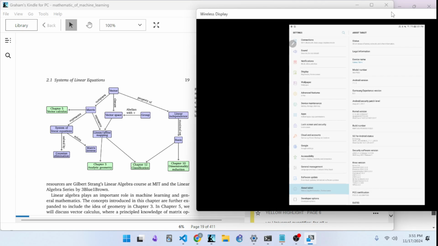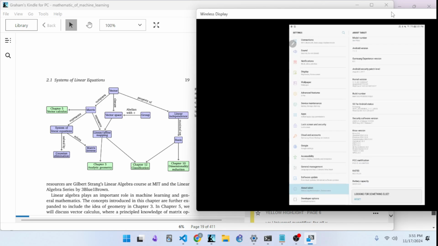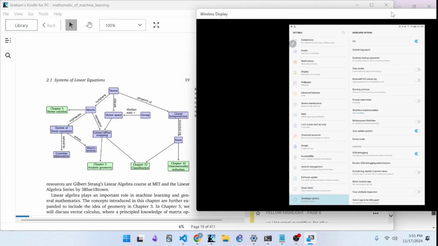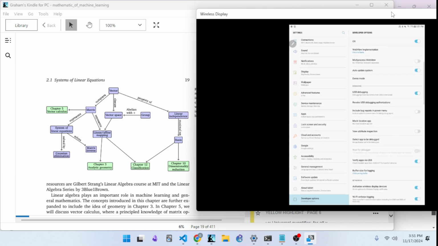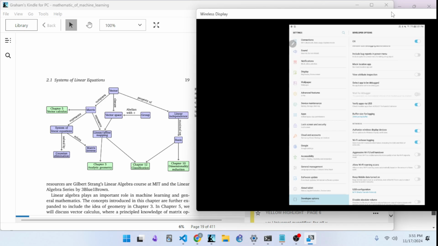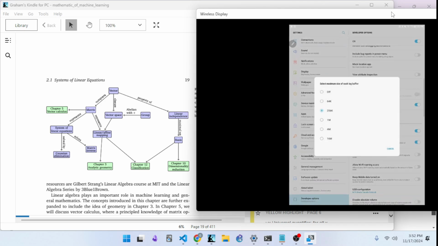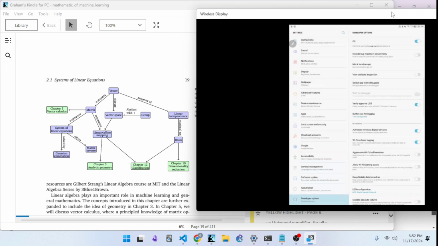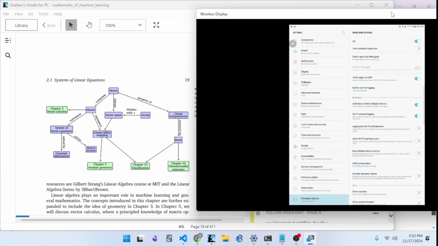Now you can turn on some developer options. I thought what I did was make it so it wouldn't randomly stop that connection, but obviously that didn't work. I guess I'll increase my buffer size. Maybe that might help. I don't know if it'll help or not.